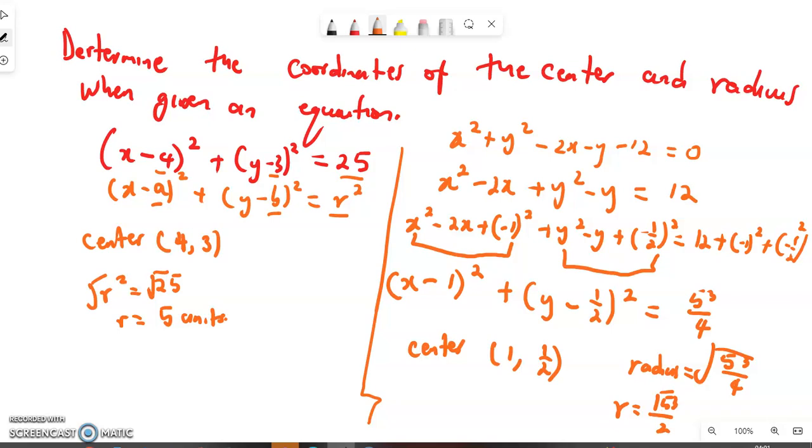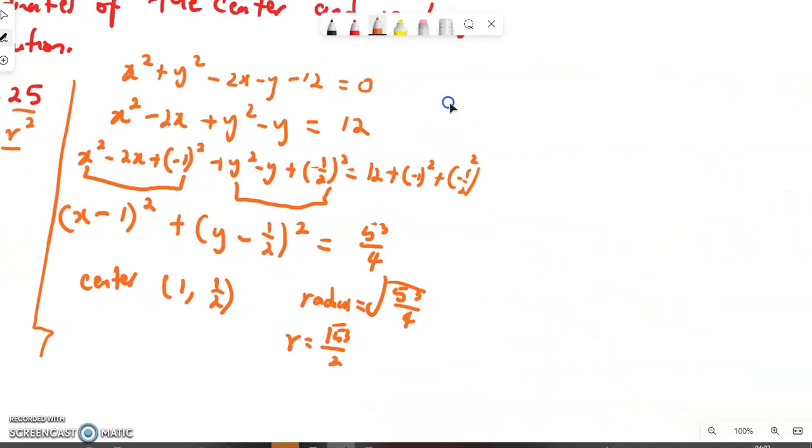Alright, so we need to complete the square. Alright, maybe let us take another example where we have to complete the square.